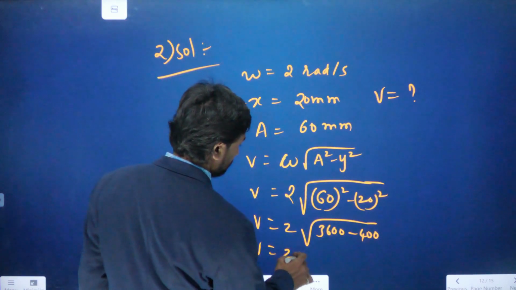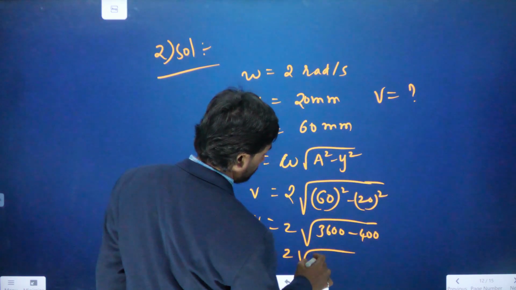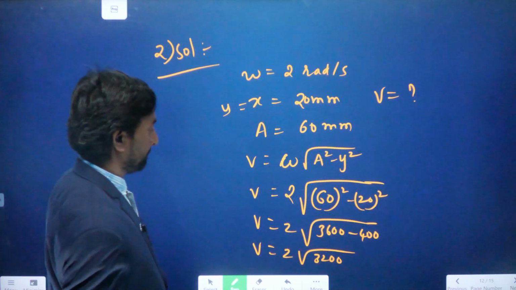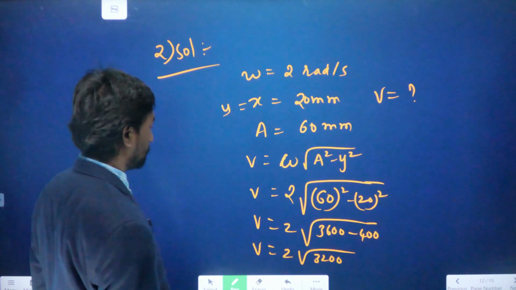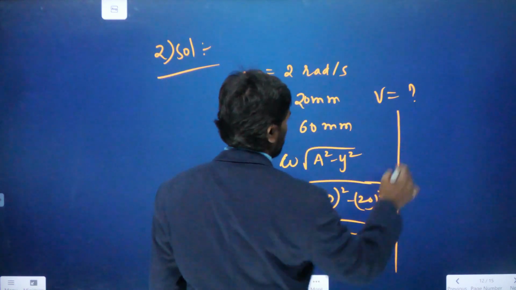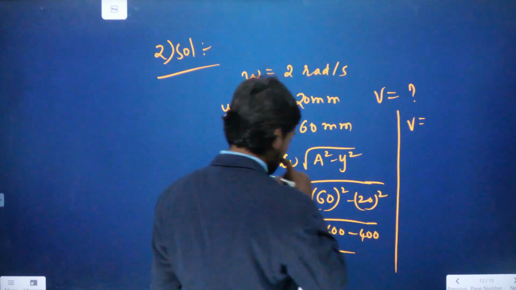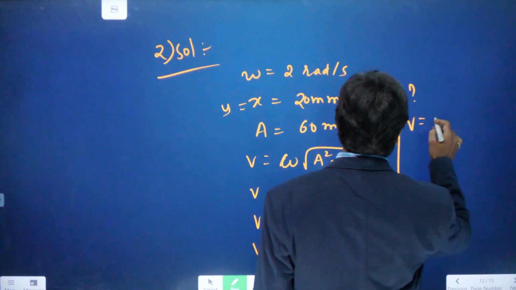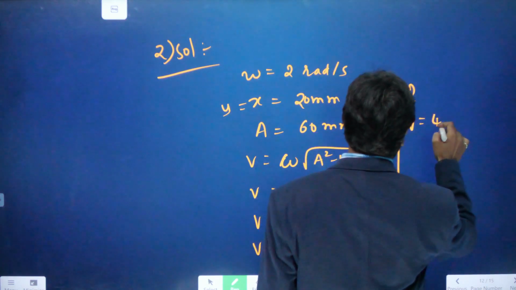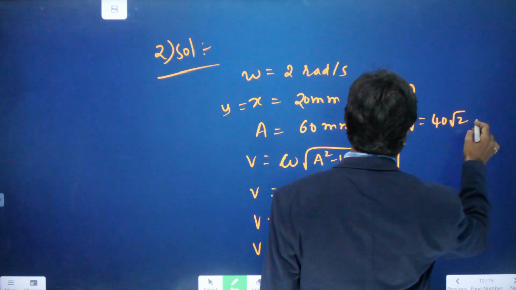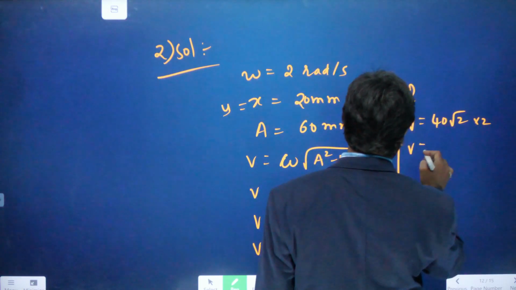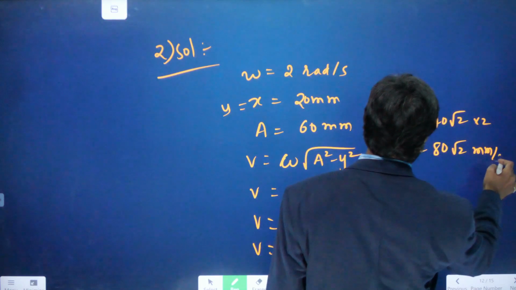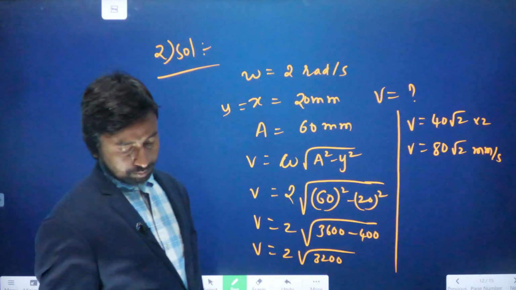So V is equal to 2 into 3200, which is 1600 after simplifying, so 2 into 40 root 2, and then V is equal to 80 root 2 millimeter per second.